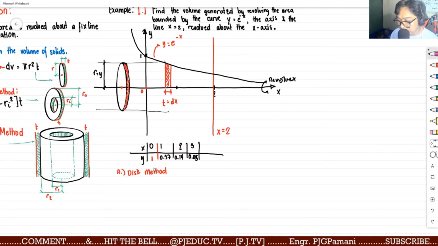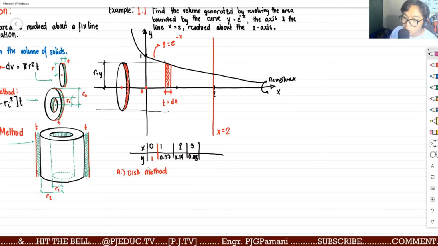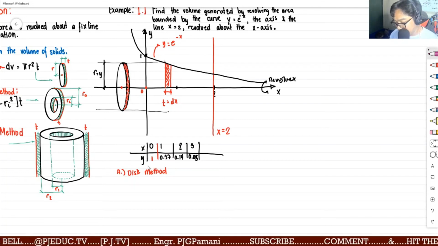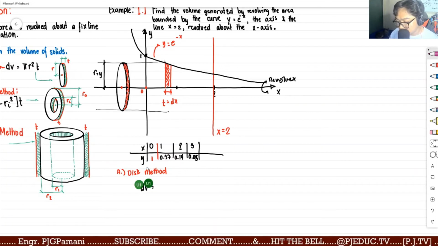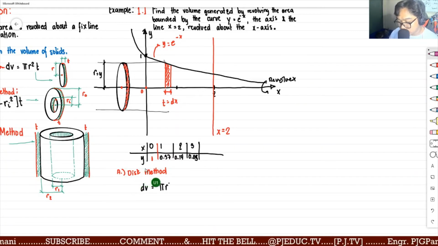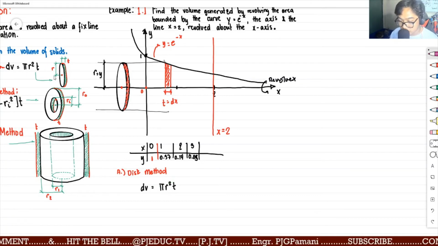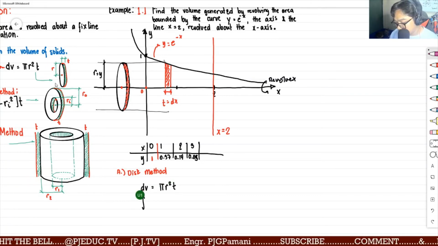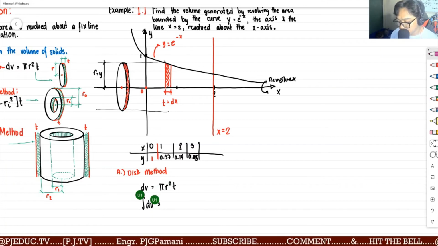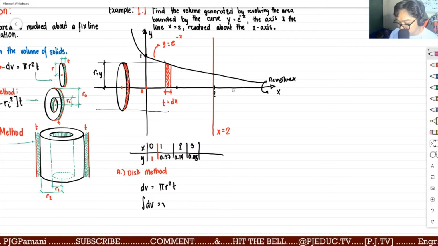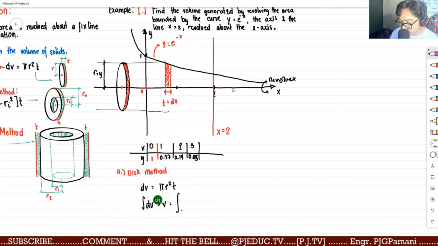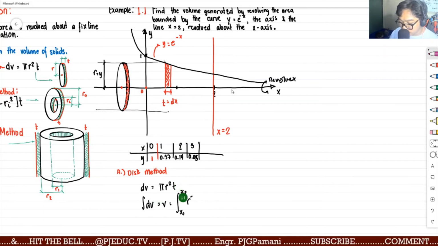Ang kukunin na lang natin will be our lower and upper limit. Remember that this method is basically the differential volume is equal to pi radius squared times t. Okay? Ayun yun, this method. Differential volume at which the curve revolves at a fixed axis, which is the x-axis. This is now V equal to the integral from lower limit x1 to x2 of radius squared.